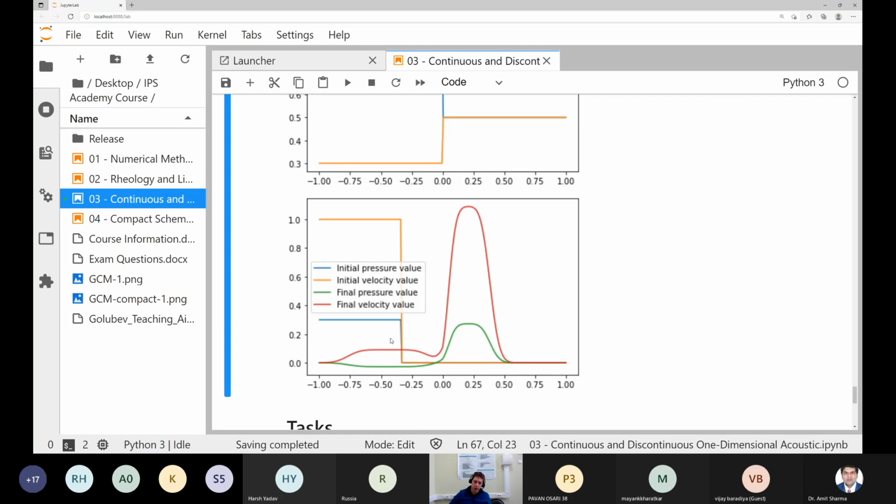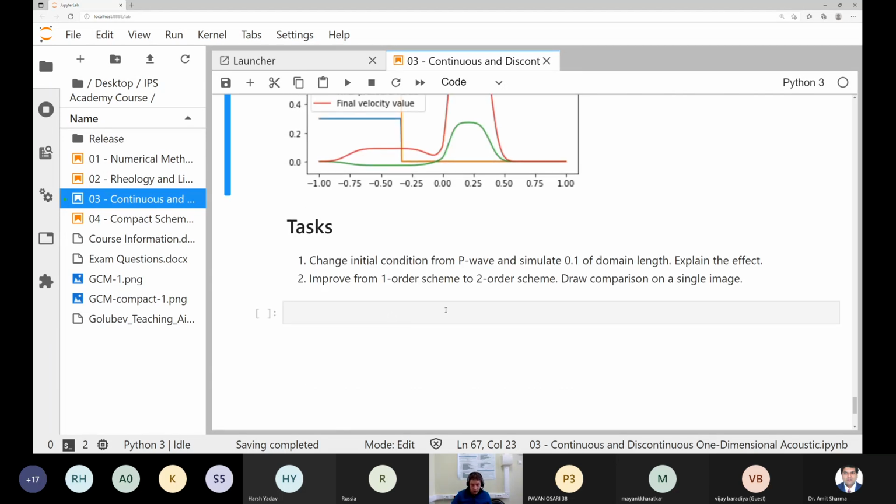If you compare the solution with the analytical coefficients for reflection and transmission, you will obtain good agreement. So I put here some task: try to change the initial condition and run the simulation, and you can use the improvement from the first order to the second order scheme, and you can obtain better precision with this procedure.